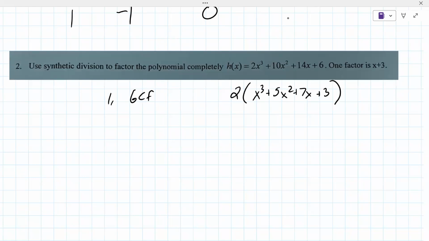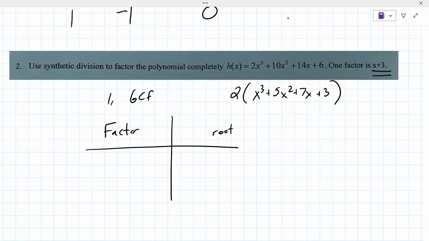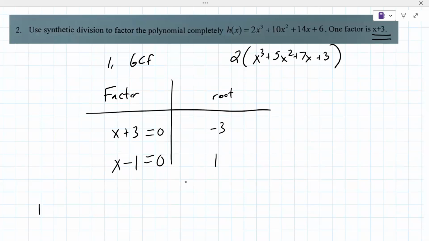The other thing here is that you have to be careful about factor and then root. So if the factor is x plus 3, the root is -3. If the factor were x minus 1, the root is +1. And how you get that is you're setting it equal to 0 and solving for x. Okay. So the reason I'm bringing all that up is you have to know what to put in the box here.